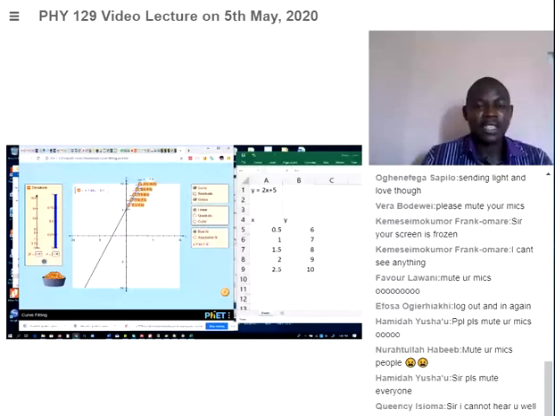Is that okay? Instead of 2, we have 1.94. And instead of 5, we have 5.1. This is within acceptable experimental limits. Is that okay? An error difference of 0.06 and 0.1 in the slope and intercept respectively.